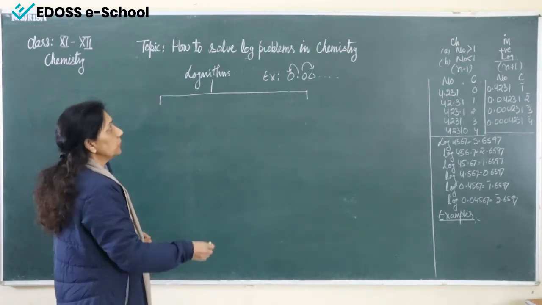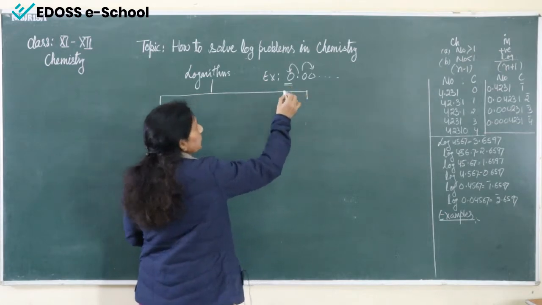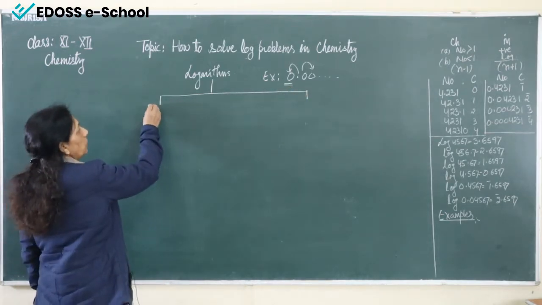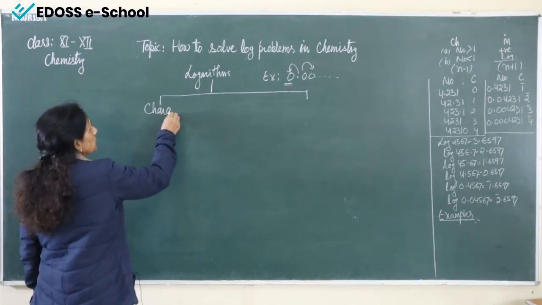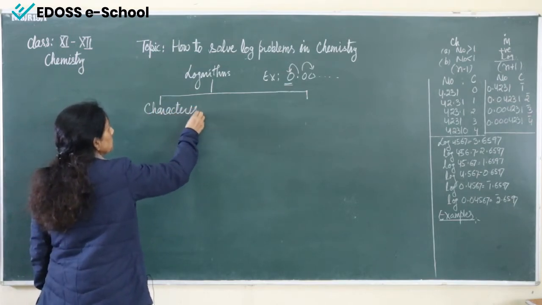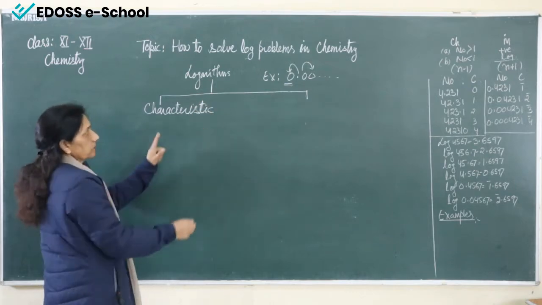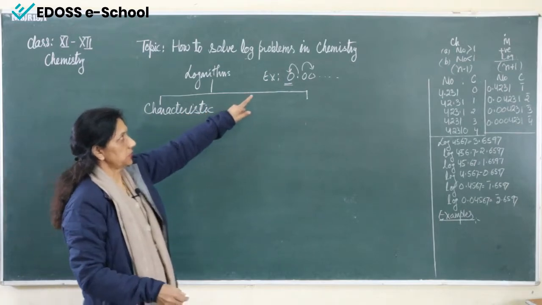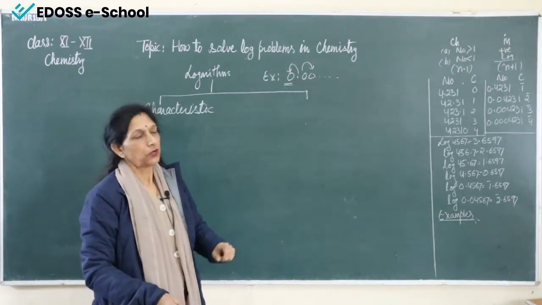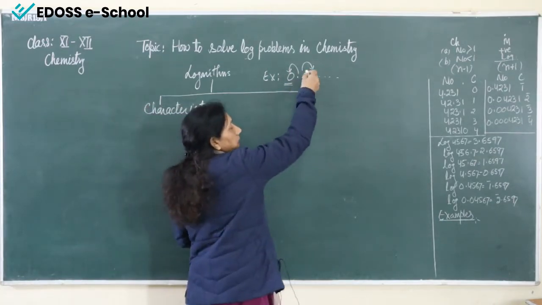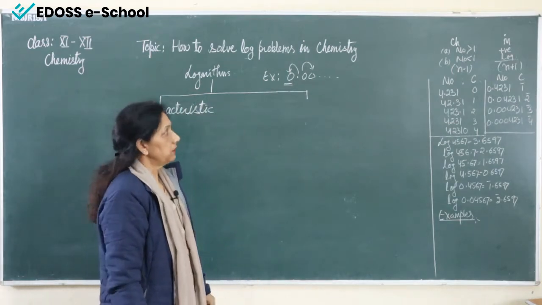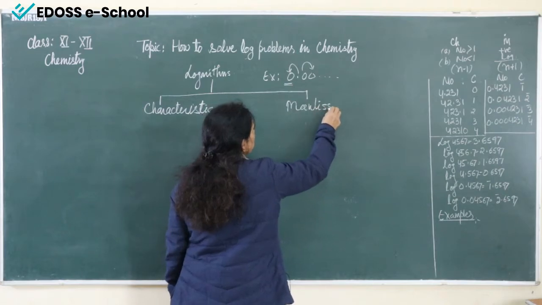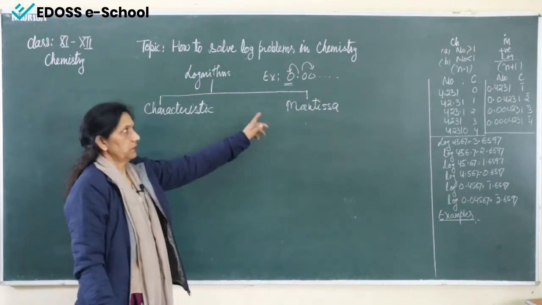The part which is on the left side of the decimal is known as the characteristic, and the part or the number that is on the right side of the decimal is known as the mantissa.